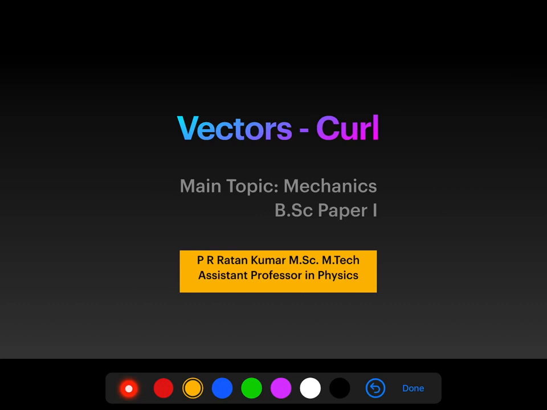Earlier we discussed the gradient of a scalar by applying the del operator on a scalar field, and later we read about the divergence of a vector field by applying the del operator on a vector, making the dot product of del and A. And now we will study the cross product between the del operator and a vector.